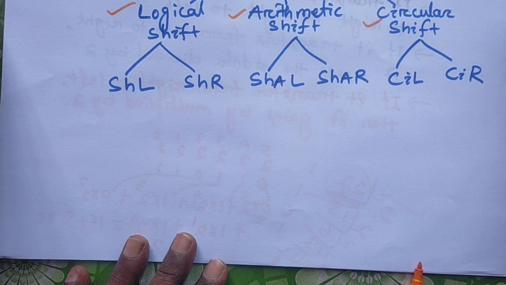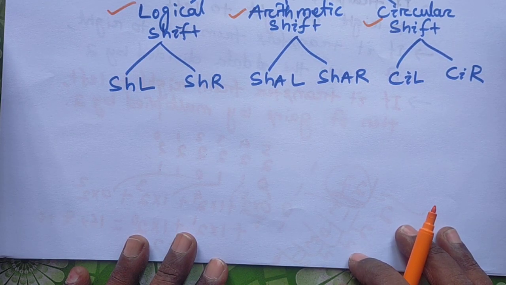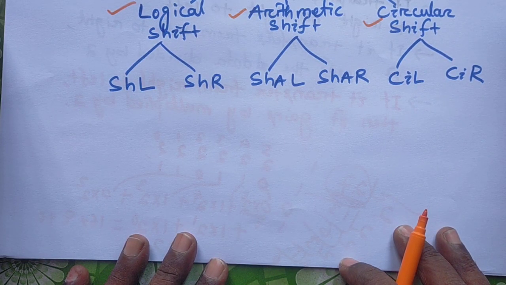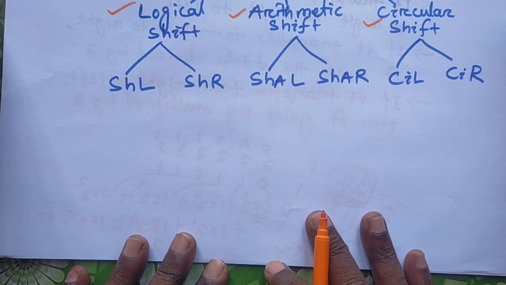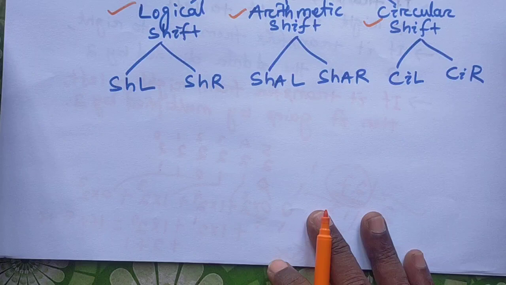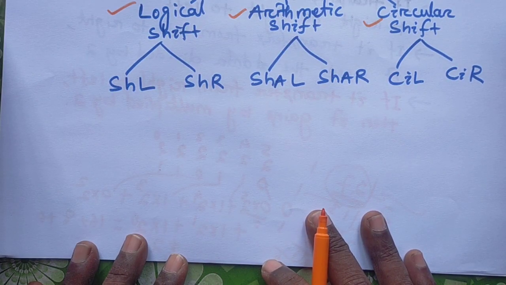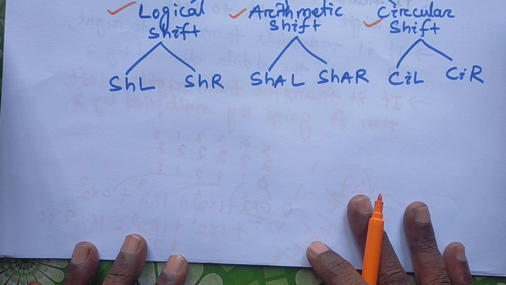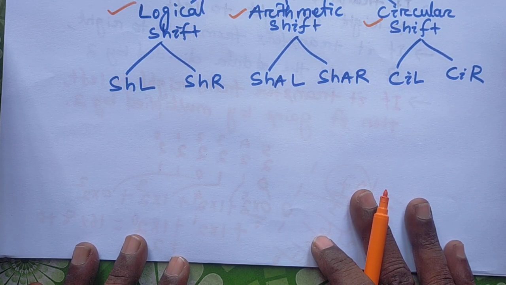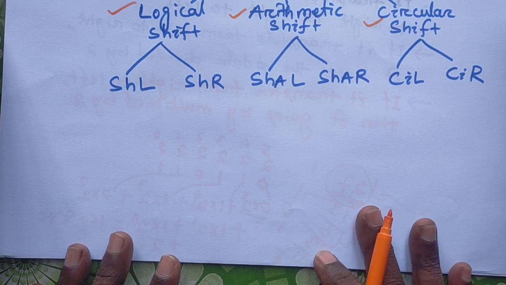These are very standard shift micro operations, that is logical, arithmetic, and circular. Others may be possible, but these are very standard shift micro operations, and each micro operation has two parts, because since it is a shift micro operation, we transfer data from left to right or right to left.